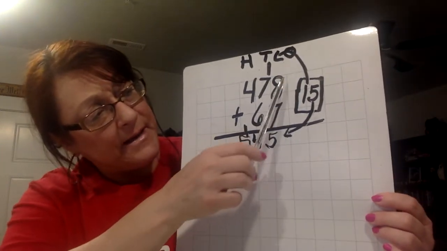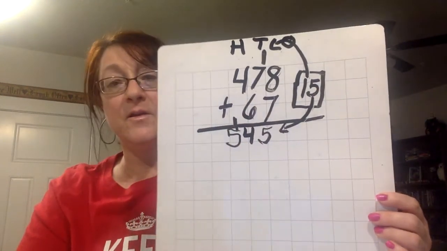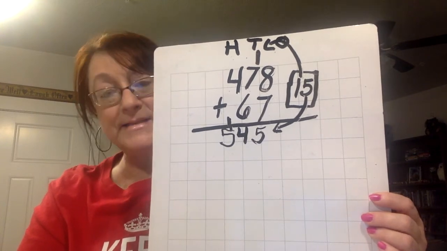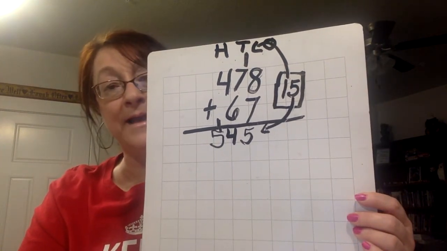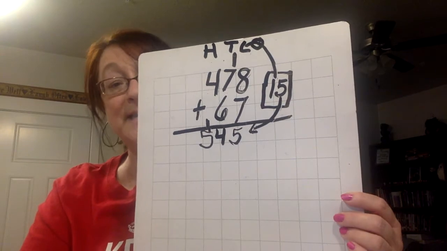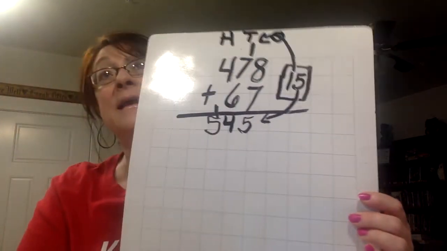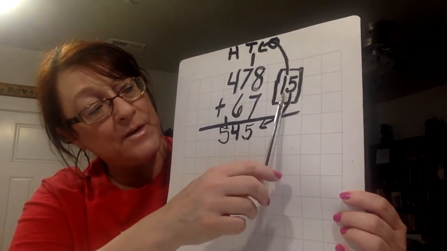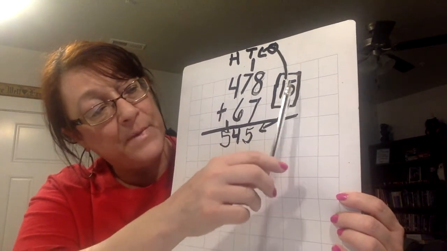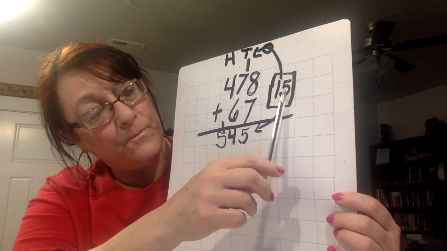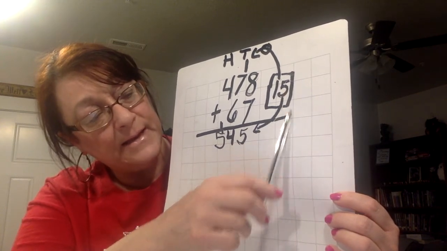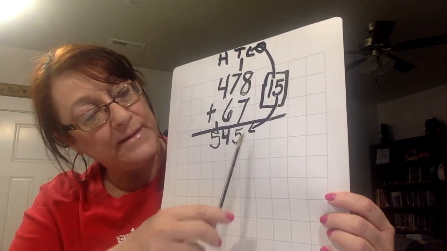When you look at the numbers, remember, in the ones place, you decide, do I have more than 9? Well, I'd have to make a new 10. And that's why I decided 8 plus 7 was 15. Yes, I would. That is more than 9. And so I wrote up my box. I took my number that was in the ones place, drew an arrow so I could put that there.